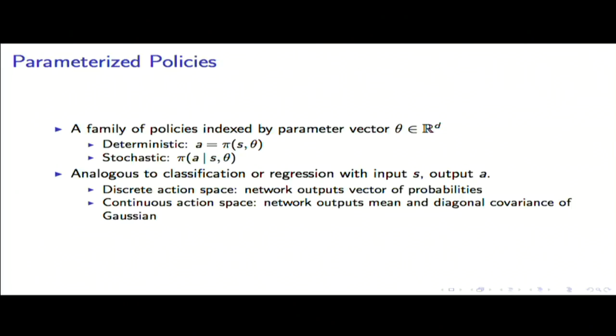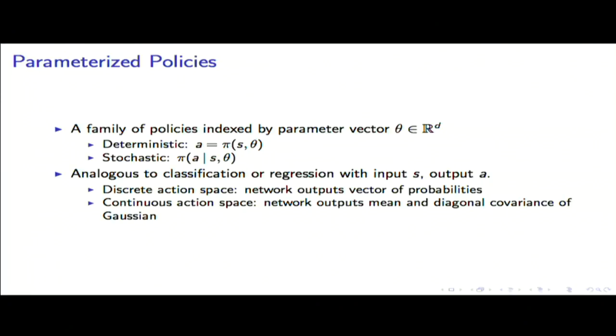You have a network that outputs a vector of real numbers, which you take to be the mean of a Gaussian distribution. Then you can have the network separately output the log standard deviation of the components of the Gaussian, which is like outputting the diagonal of a covariance matrix.